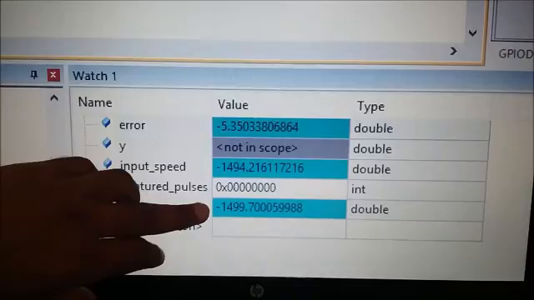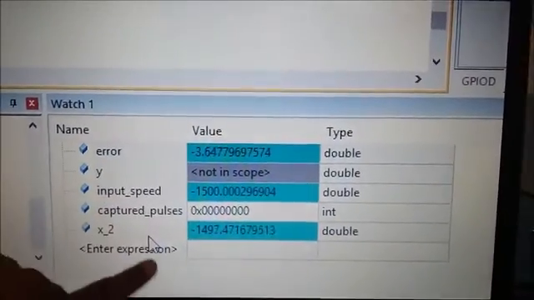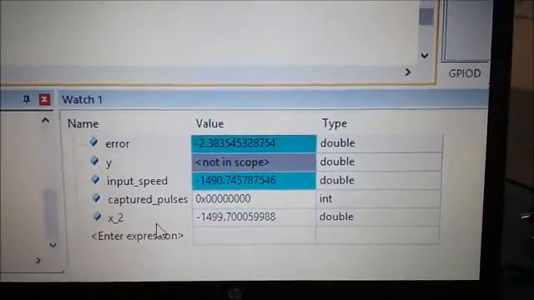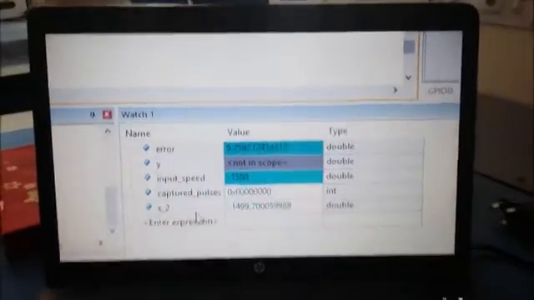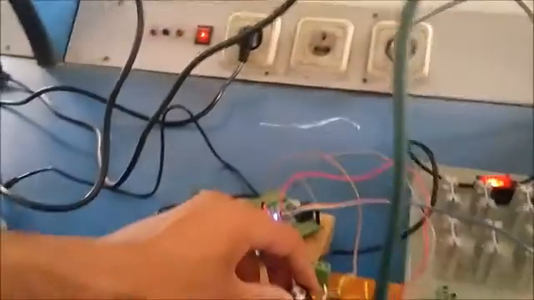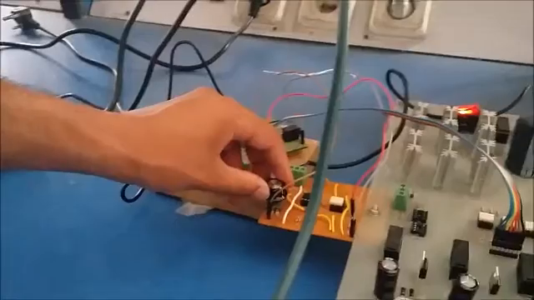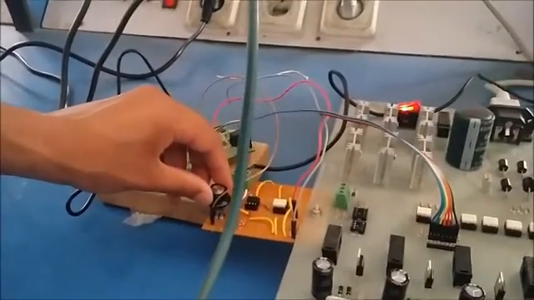Here you can see the measured speed and the input speed, minus 1500 RPM. Now I will change the magnitude again using my analog knob.